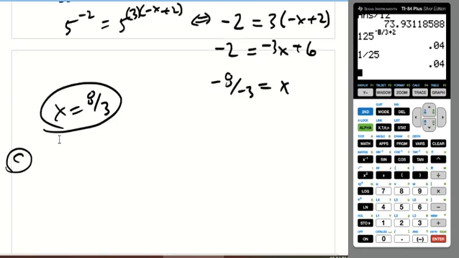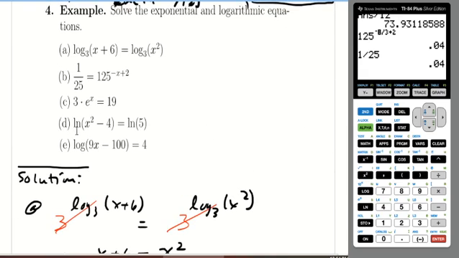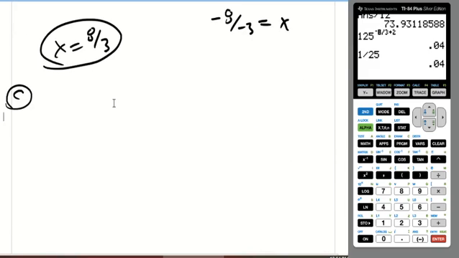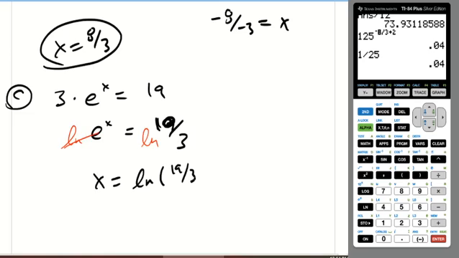All right. Last couple of things here. 3 times e to the x equals 19. Just like before, we're going to get e to the x by itself, because that is the exponential. We need to isolate that part. And then take ln of both sides. ln and the e will cancel, and we're just left with ln of 19 over 3.